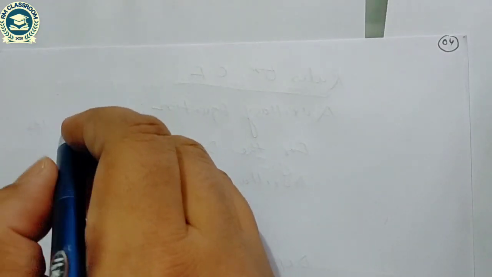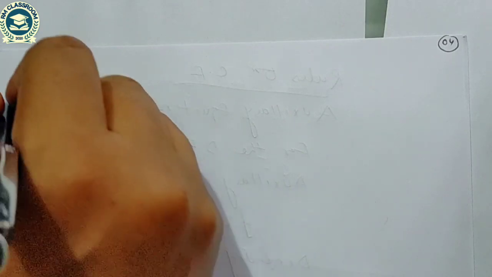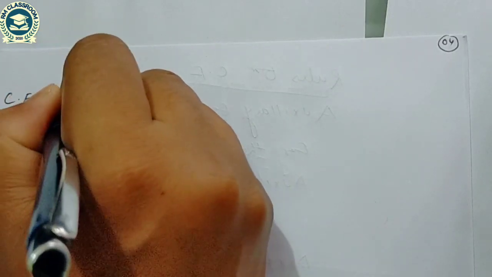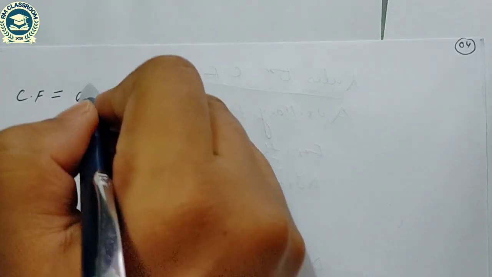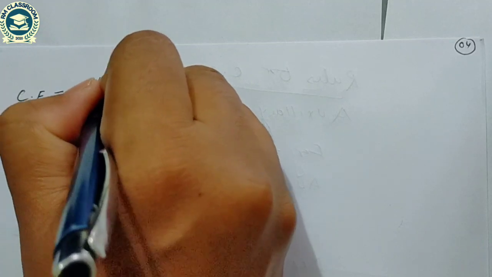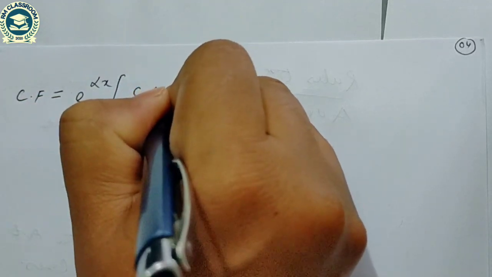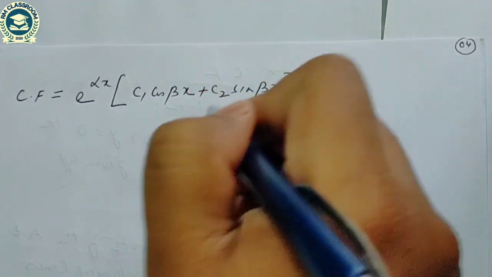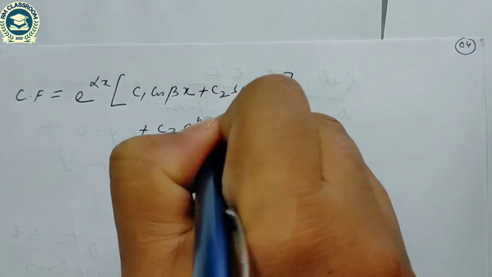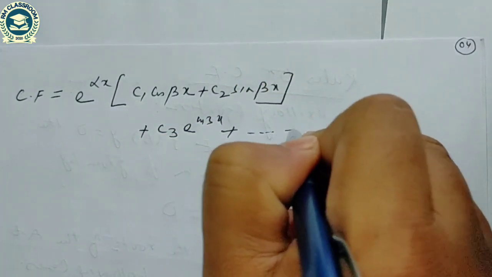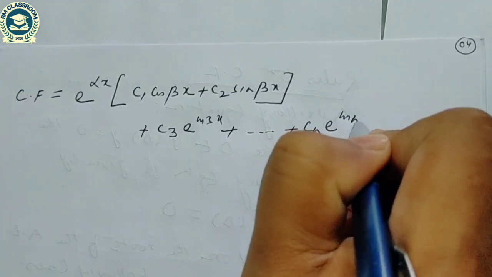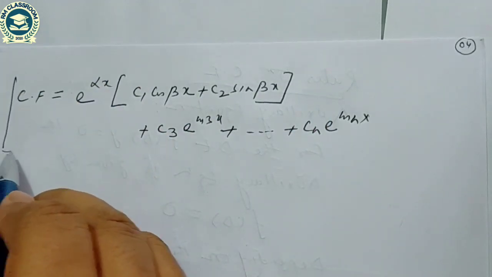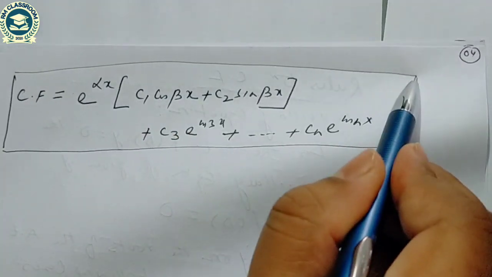So the complementary function CF is equal to e to the power alpha x into c1 cos beta x plus c2 sin beta x plus c3 e to the power m3x plus so on and so forth cn e to the power mnx.